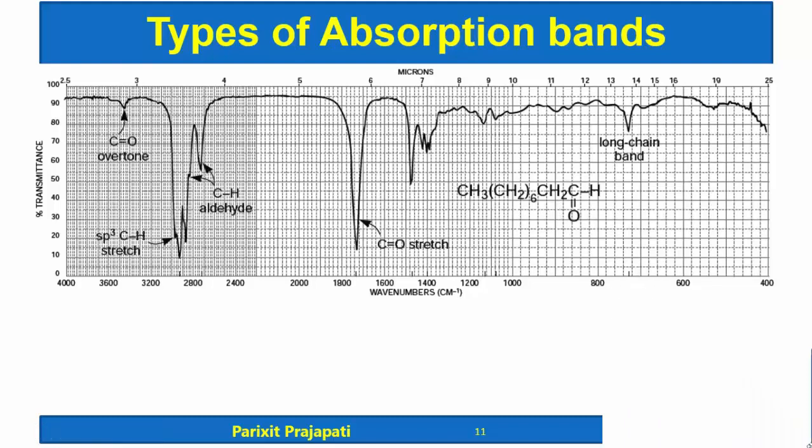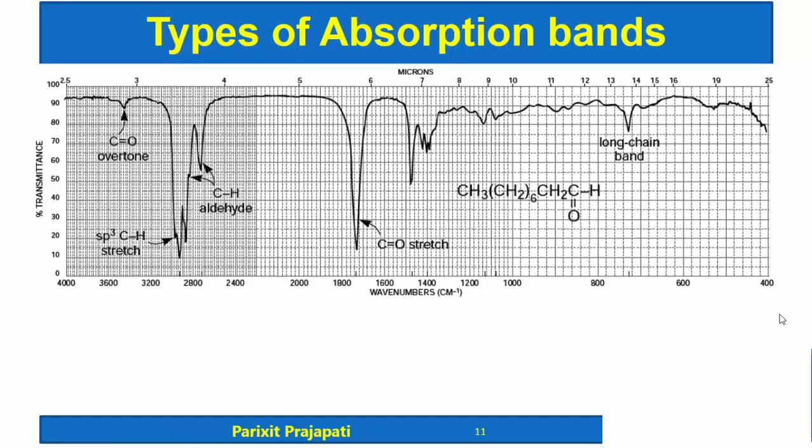On the y-axis there is percentage transmission, on the x-axis the wave numbers. You can see that from the left-hand side it starts from 4000 centimeter inverse to the right-hand side 400 centimeter inverse, and this many absorption bands were there.